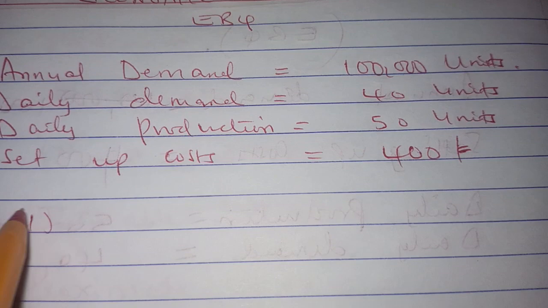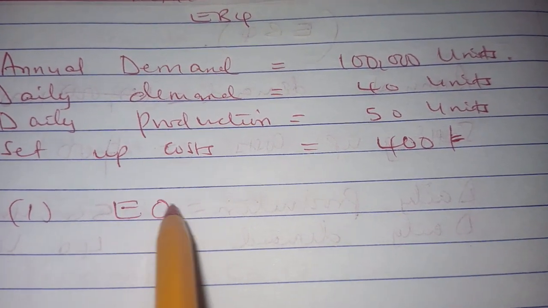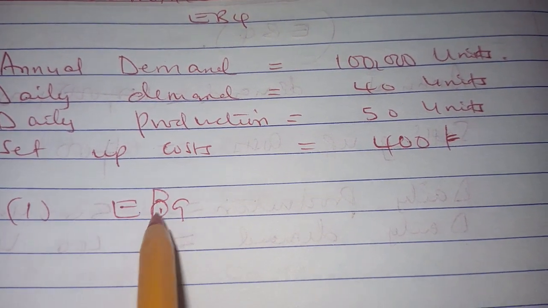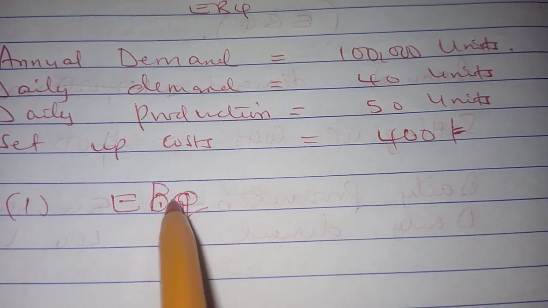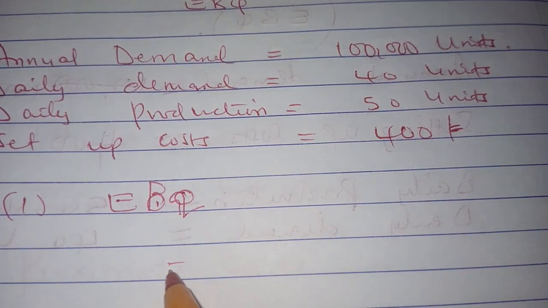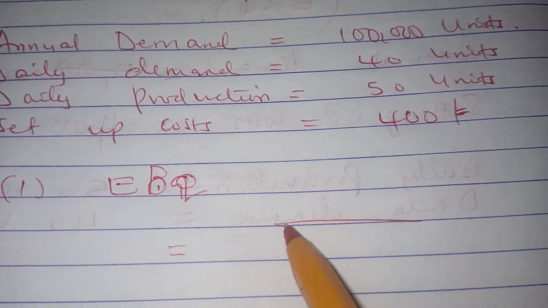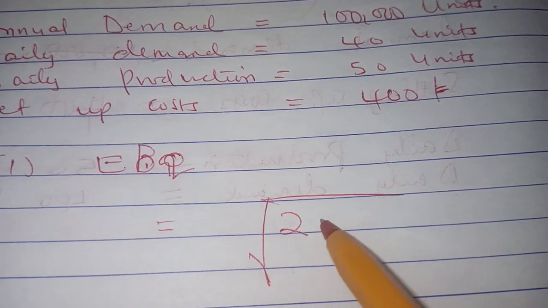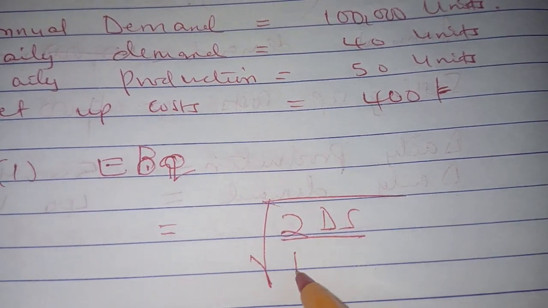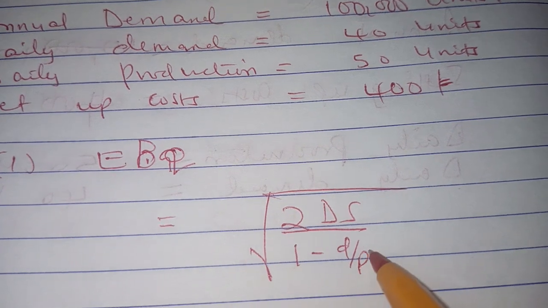We are required to get the EBQ, the economic batch quantity, and this is given by the formula, the square root of 2DS over 1 minus d over p.